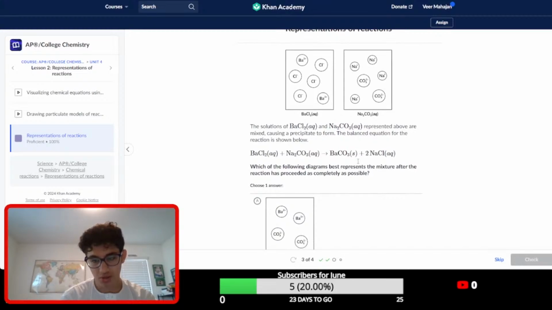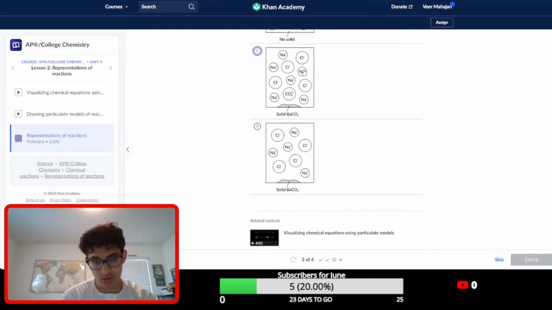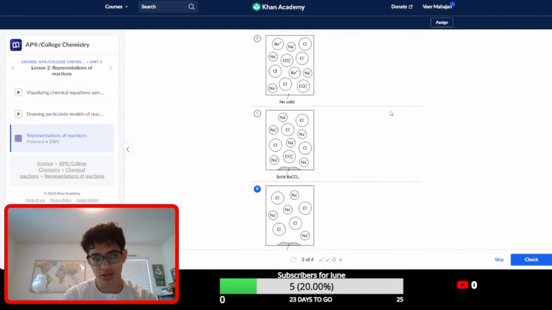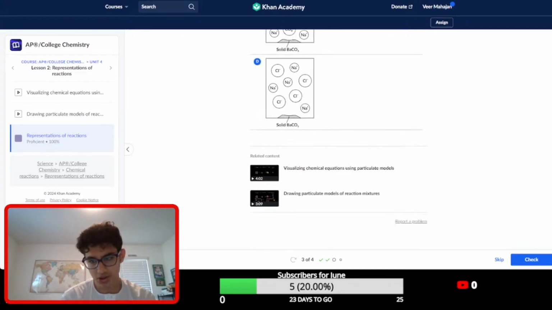So the solid will be BaCO3, so it's one of the last two, and they'll react together. Sorry. Oh no, it's aqueous. So in an aqueous solution, they won't react together. They'll still be left as ions, and there won't be anything left in the middle. The CO3 gets used up in the precipitate, right? So it should just be D.